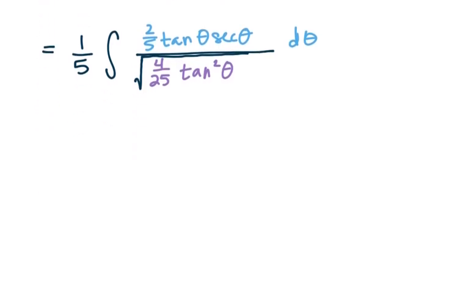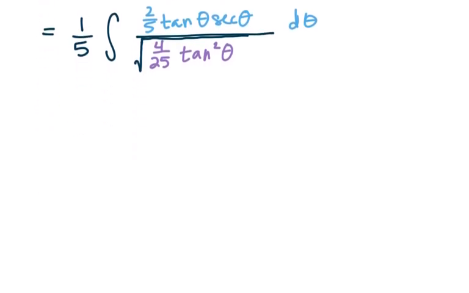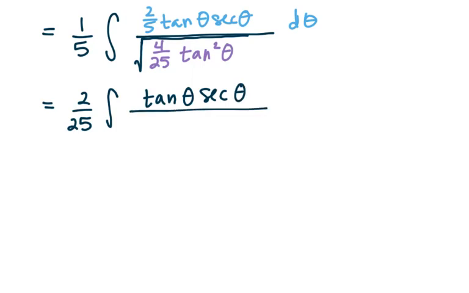So if I take the square root of the denominator, I have 1/5. And I'll go ahead and take this 2/5 and pull it out in front. So that gives me 2/25 of the integral of tangent theta secant theta over 2/5 tangent theta. And we are technically supposed to write our absolute value bars.